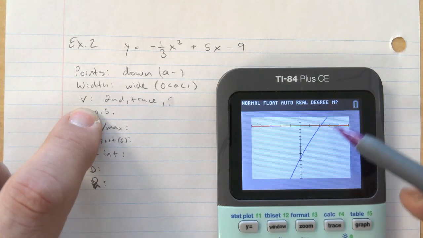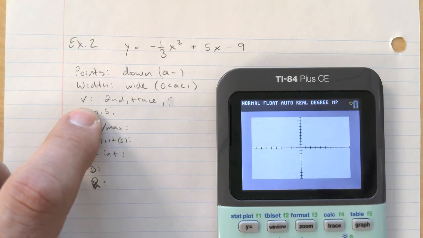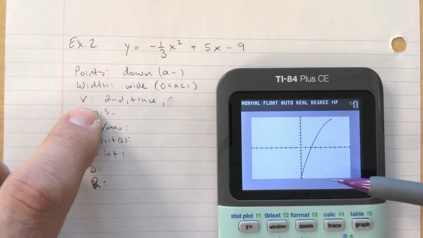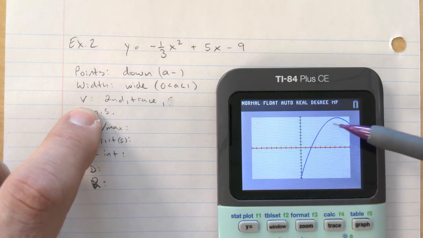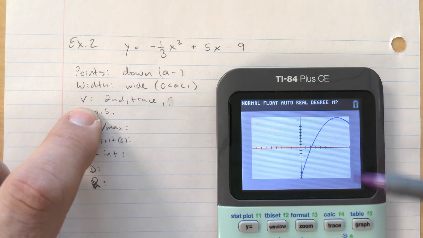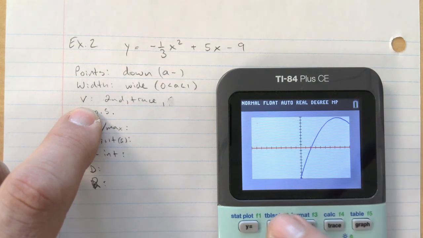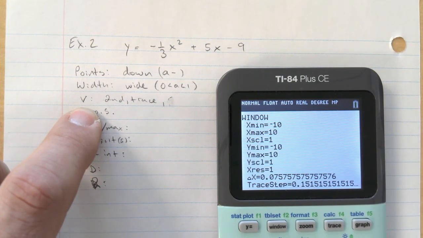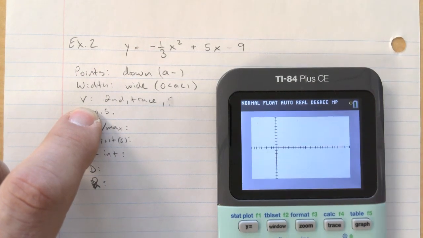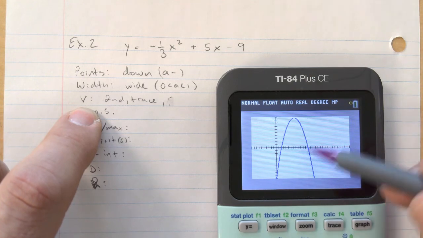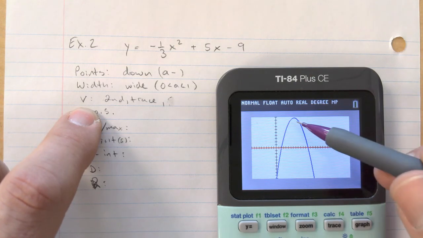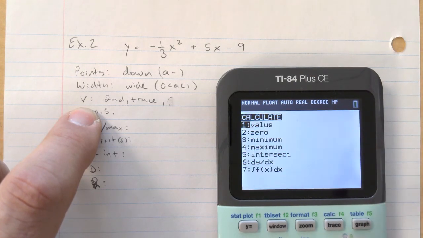And this is still my graph from before. So if you want to reset, you can go zoom 6. And I notice that everything seems to be good except for my X max here. I have to increase that. So I'm going to go to Window, increase the X max to, I'm going to triple it. And there it is.